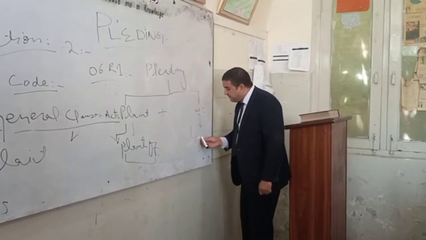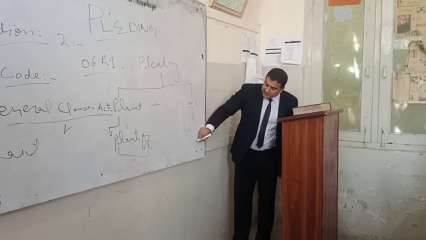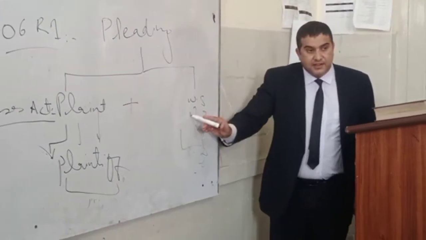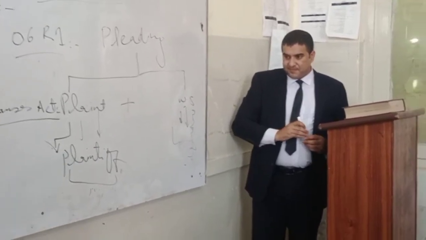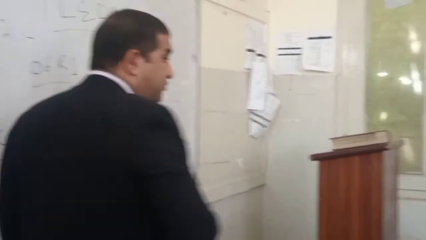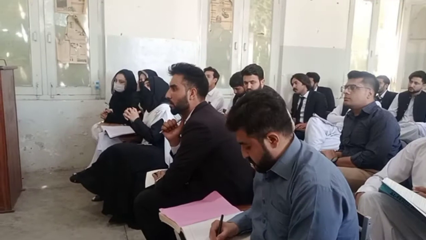Against whom relief is sought, he is known as defendant. Plaintiff and defendant. These are the two words, and another word is used in sections 9, 10 and 11 of CPC, and that word is known as suit.